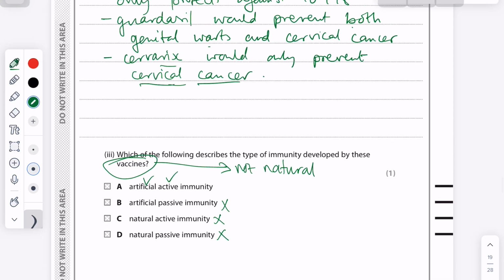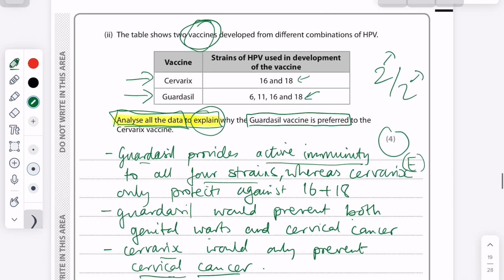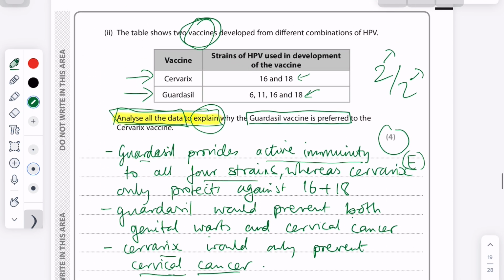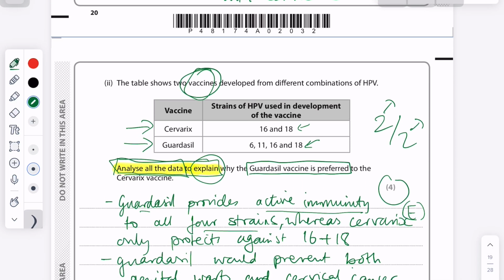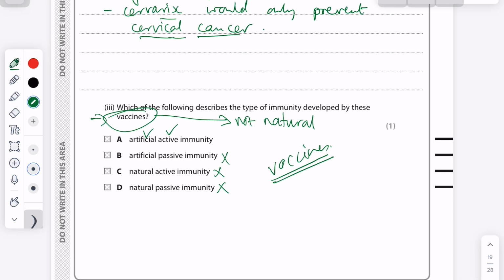Right, then we go, which of the following describes the type of immunity developed by these vaccines? So, vaccines, right, and from what we are looking at, it does look like it's not antibodies. Because it's a vaccine, what that means is it is artificial, yeah?